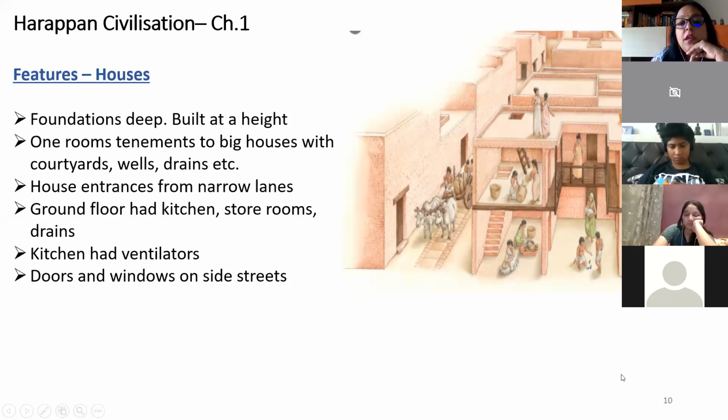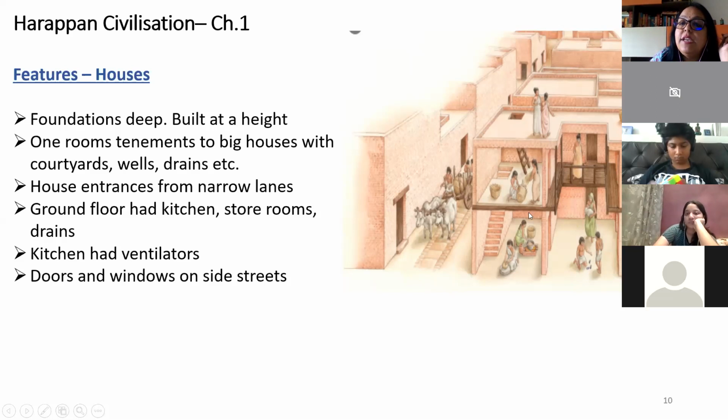Okay. Now, courtyard is this open space which is in the center of the house. Around the courtyard, you have corridors or rooms which are opening into the courtyard. Now, if you see this 2-story house, in the ground floor, you do not have bedrooms. In the ground floor, we have only kitchen and storerooms.